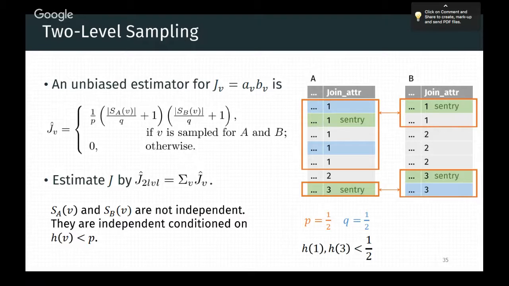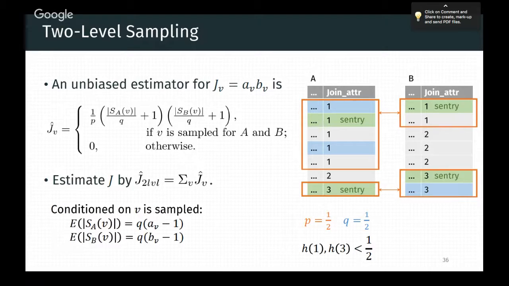Here S_Av and S_Bv are not independent because of the correlation at the first level, but they are independent conditioned on v being sampled.